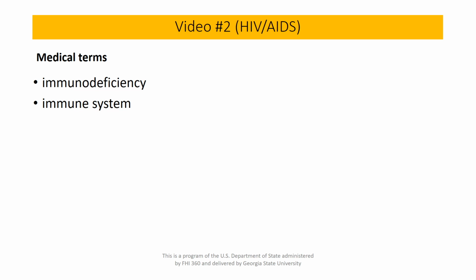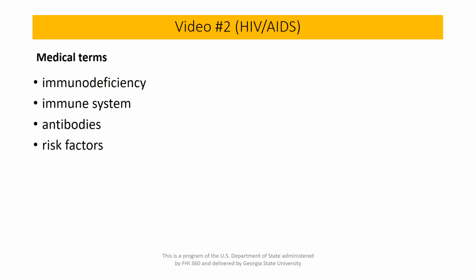And the immune system, as you already know, is the defense system of the body. An important word here is antibodies, which are blood proteins produced when the body is attacked by some alien substances like bacteria or viruses.